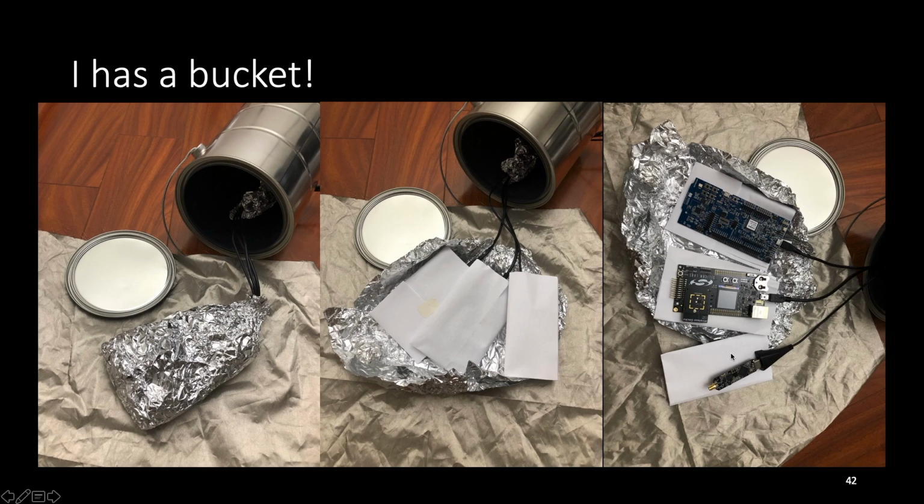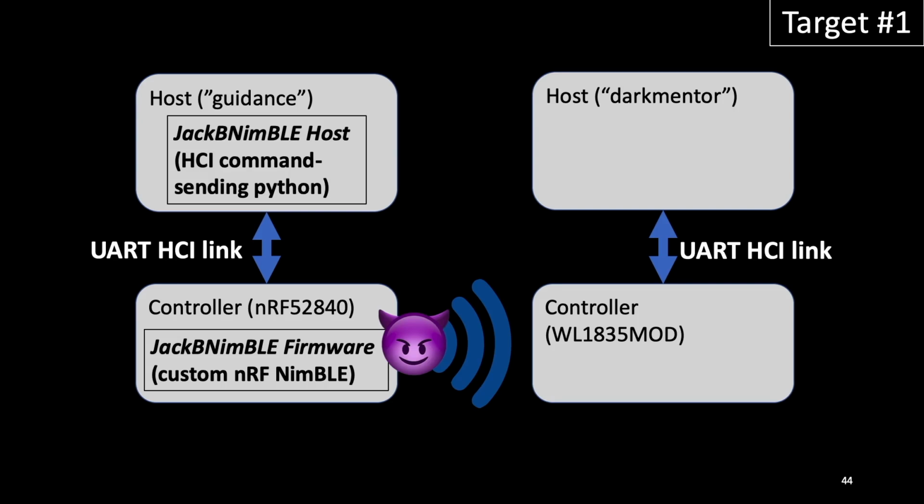When I wrap all these devices into the bucket, I also put the Ubuntu machine here in order to verify that the background noise has been reduced. And let's take a look at the demo. I set up my JackBNimBLE here and I'm going to attack this TI device.